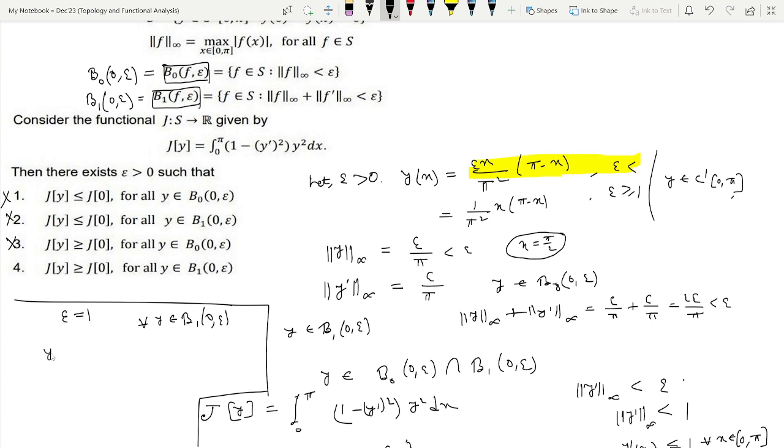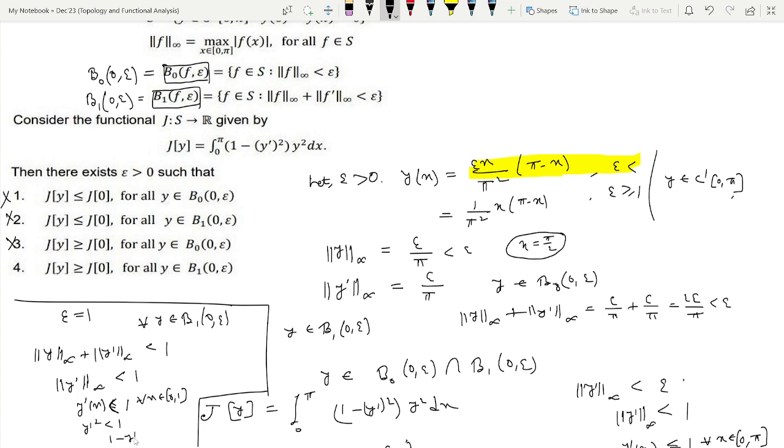As y belongs to it, we have norm y plus norm y' less than epsilon, that is 1. So we must have norm y' less than or equal to norm y plus norm y', that is less than 1. As this sup norm is less than 1, we have y'(x) less than 1 for all x belongs to [0, pi]. So we must have y' squared also less than 1.